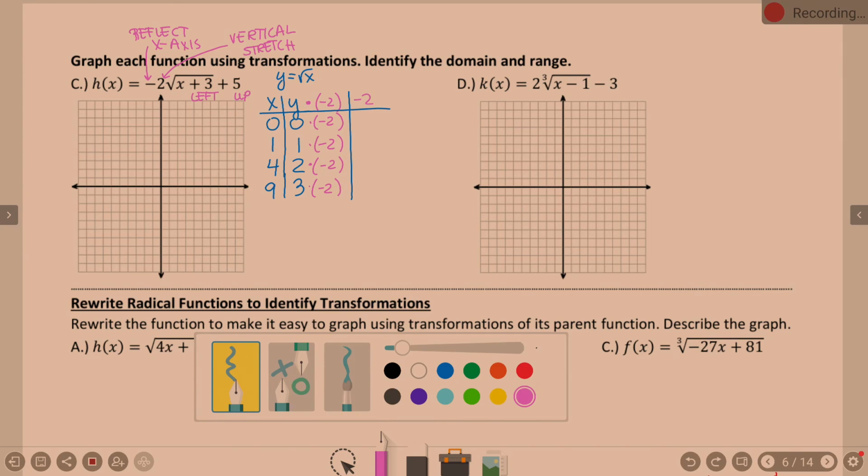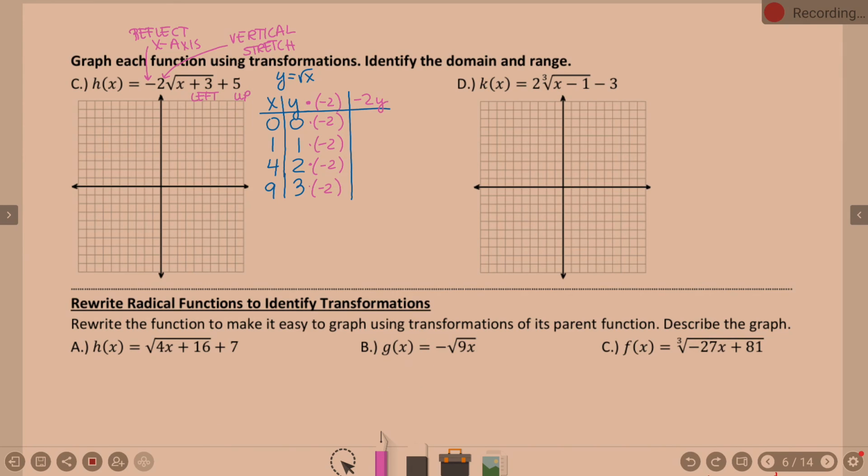I'm going to write down what these y values are multiplied by negative 2. So 0 times negative 2 is still 0. 1 times negative 2 is negative 2. 2 times negative 2, negative 4. 3 times negative 2, negative 6.